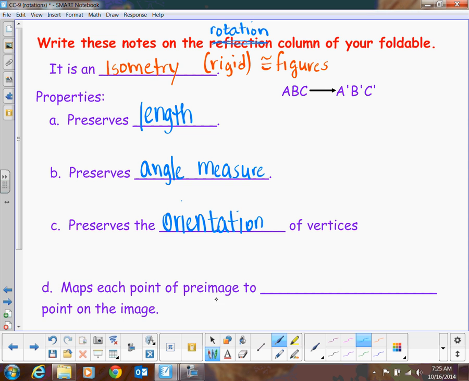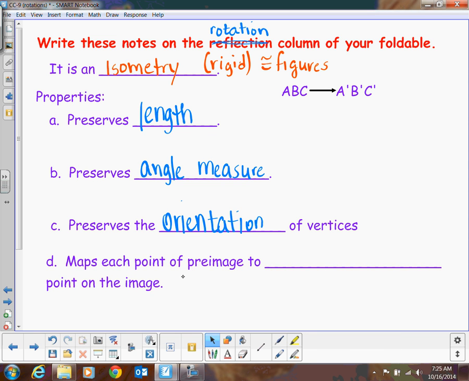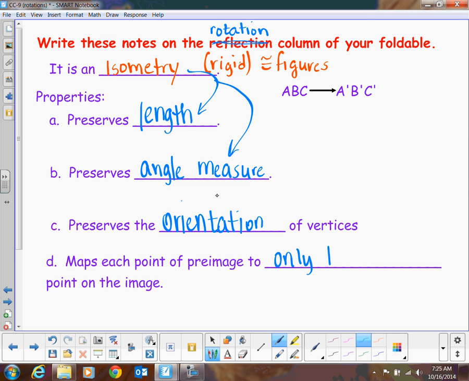Reflection or translation? Reflection changed it. It maps each point on the pre-image to only one point on the image. So because it's an isometry, equal lengths follow, and equal angle measures follow. Now, isometry can either maintain orientation or change it.